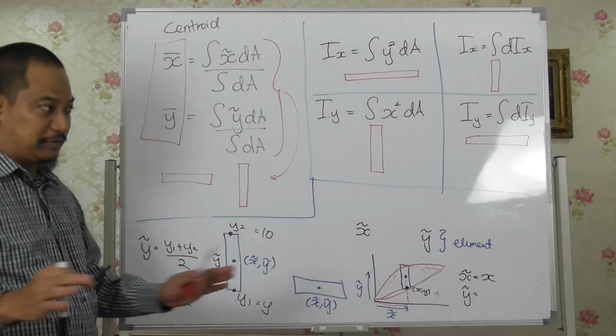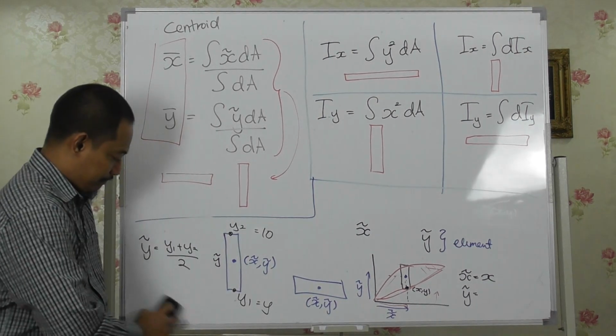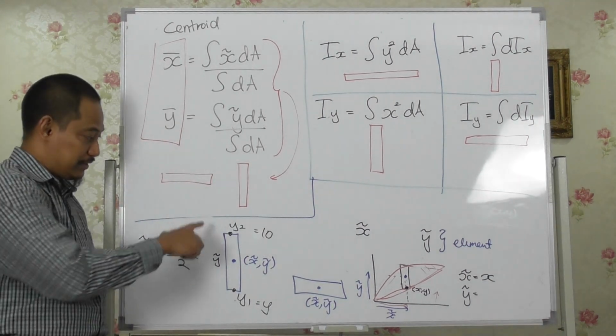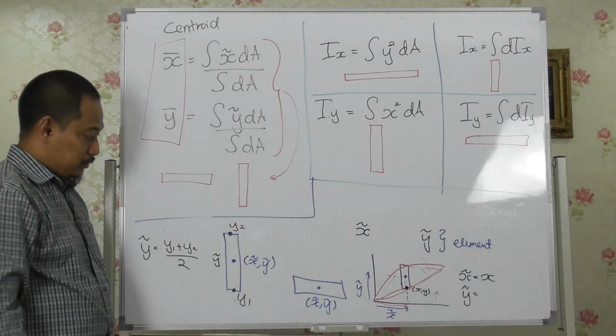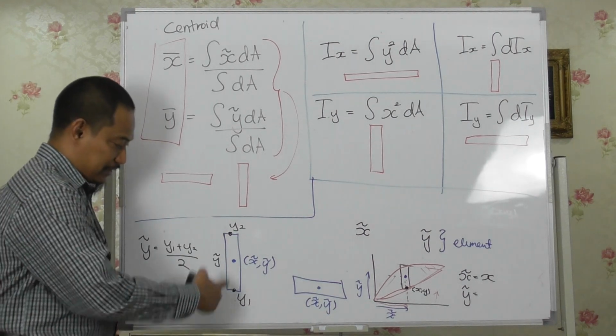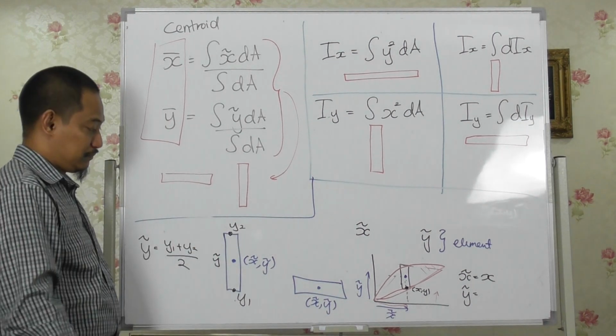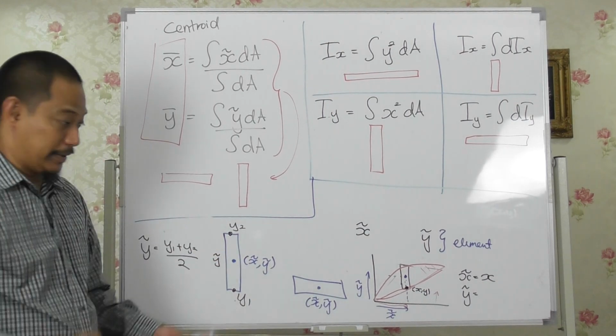So it will be valid anywhere, right? Just as long as you understand it is the average between these two values, whatever value that is. Sometimes this can be y, this can be 0, sometimes this can be y, this can be whatever value, sometimes this is function, this is function, meaning y2 and y1.